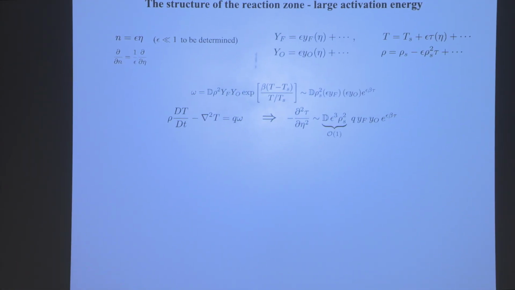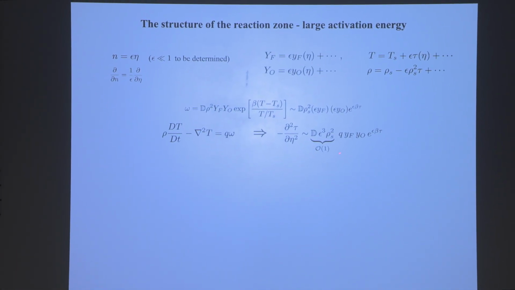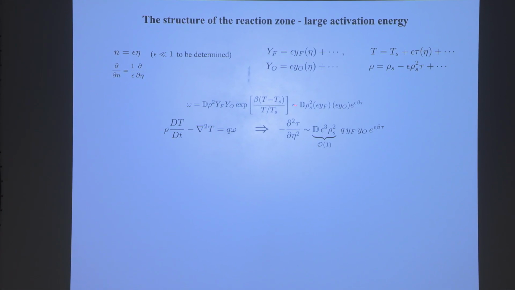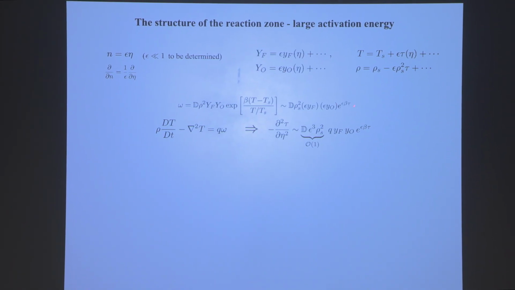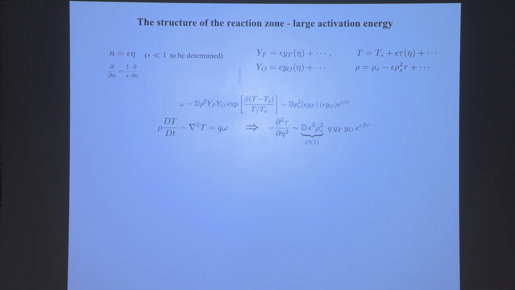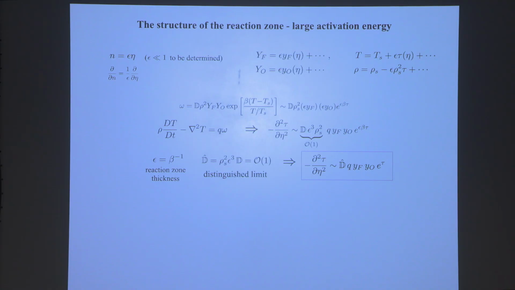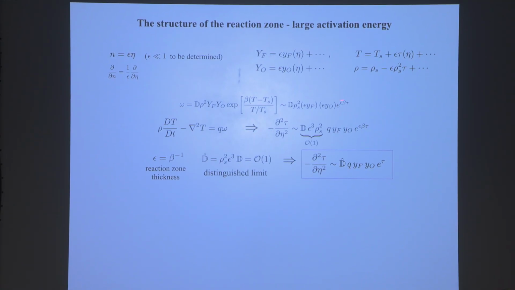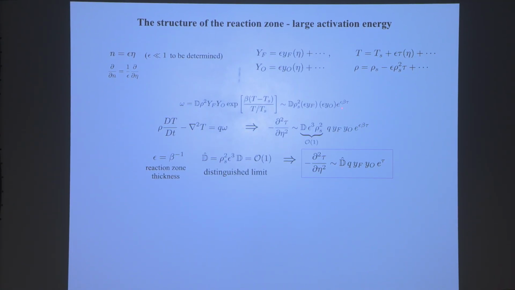Then, when you do the balance here, note that in the reaction term, we have also the exponential term left. And if we want to retain the temperature dependence, then clearly epsilon has to be the reciprocal of beta. So this is one choice that you made based on this. And the second choice is to balance this relation.